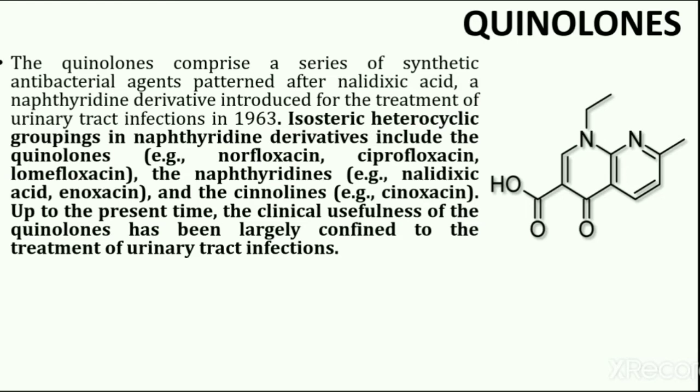After its introduction, several attempts were made to generate various other quinolone derivatives. Isosteric heterocyclic grouping in naphthalene derivatives resulted in quinolones such as norfloxacin, ciprofloxacin, and lomefloxacin, the naphthyridines such as enoxacin and the cinnolines such as cinoxacin.